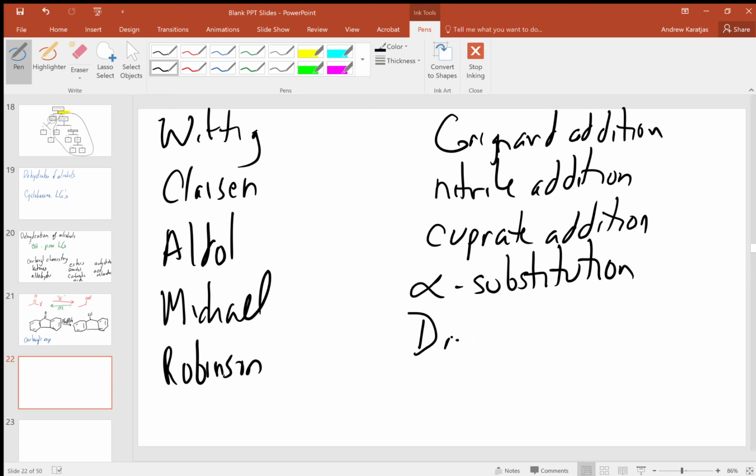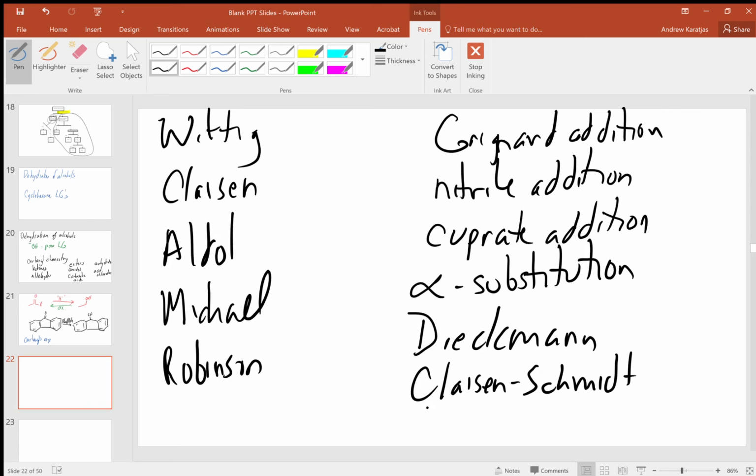And we can keep going, and so on. So we will spend a lot of time learning about reactions of carbonyls, again, because they are so generally useful for building up structures.